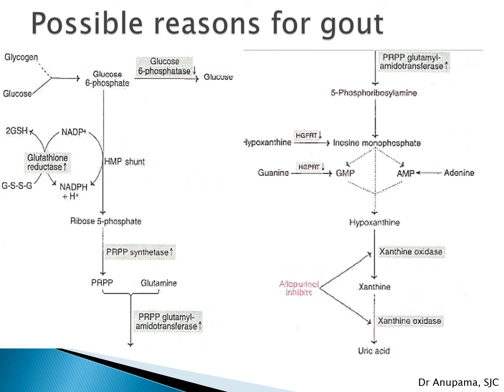The possible reasons for gout are a decrease in glucose 6-phosphatase, or an increase in glutathione reductase, or an increase in PRPP synthetase, which can lead to increased synthesis of the nucleotides, or an increase in PRPP glutamyl amidotransferase, or a decrease in HGPRT that leads to accumulation of the nitrogen bases. So all these reasons can contribute to gout.